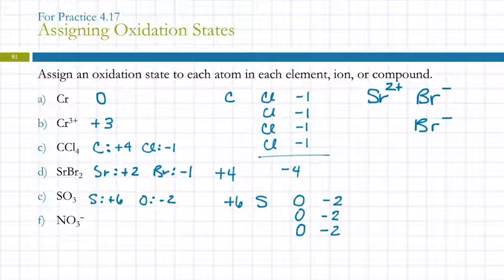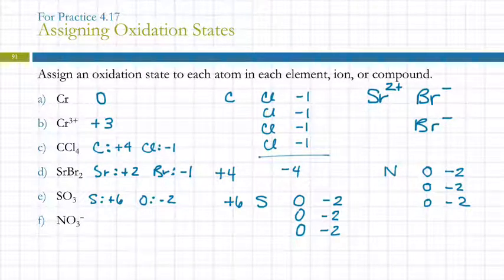Let's do nitrate. So here we have 1 nitrogen, 3 oxygens, again, nonmetals, F-H-O, fluorine, no, hydrogen, no, oxygen. So the oxygen wants to be -2, and so it gets what it wants. And the nitrogen has to make up the difference. But what do these oxidation states have to add up to for this ion?